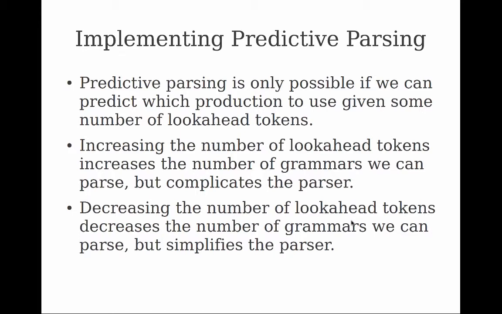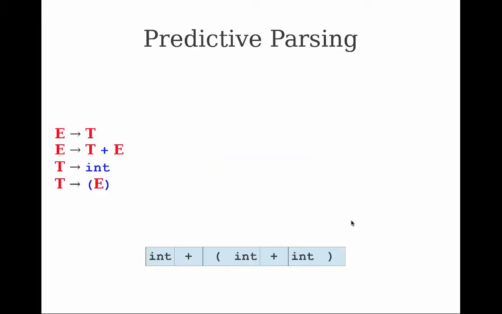If we increase the number of look-ahead tokens, that increases the expressiveness of the grammars that we can parse. However, it complicates the parser. Conversely, if we decrease the number of look-ahead tokens, the number of grammars we can parse is decreased, but it simplifies the parser. So we need to look at some trade-offs and try to find a happy medium.